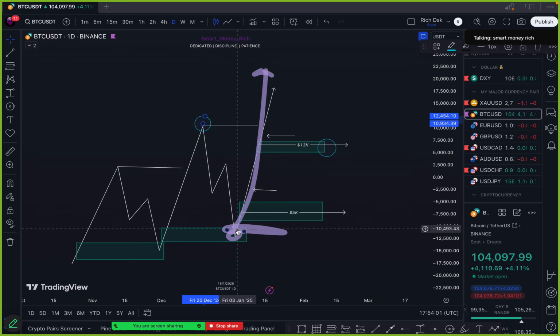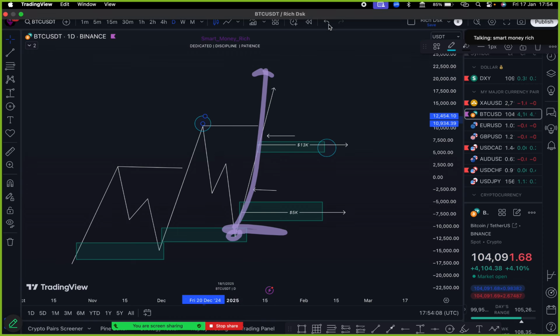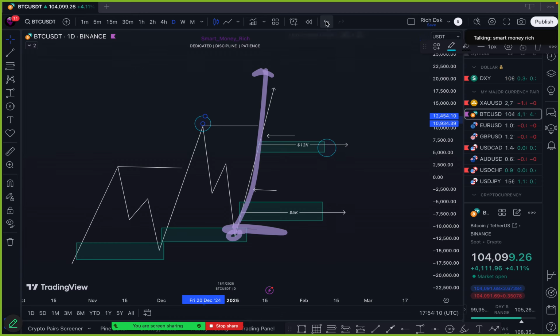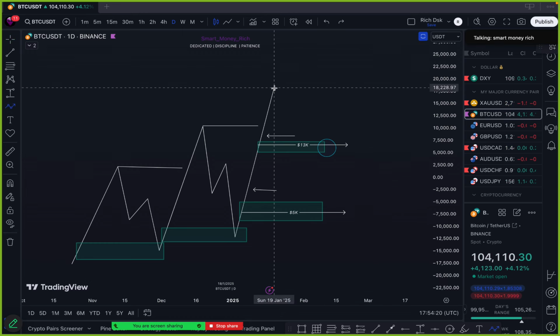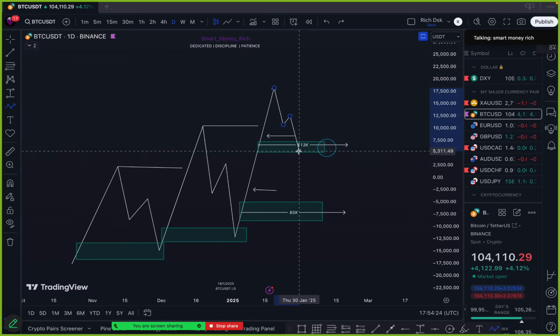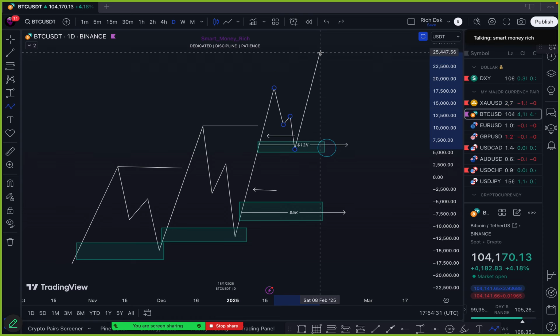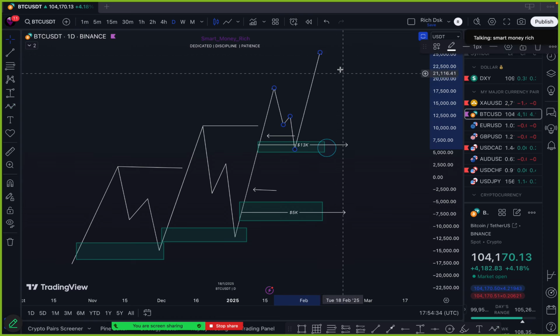All the guys that bought here, who used the previous high as their take profit level, will start to exit their positions. They will start to take profit and leave the market. And once they do, it is going to cause price to do what? To pull back. The market will become weaker, and it will trade into a demand zone where buyers can find attractive price to continue their buying momentum.